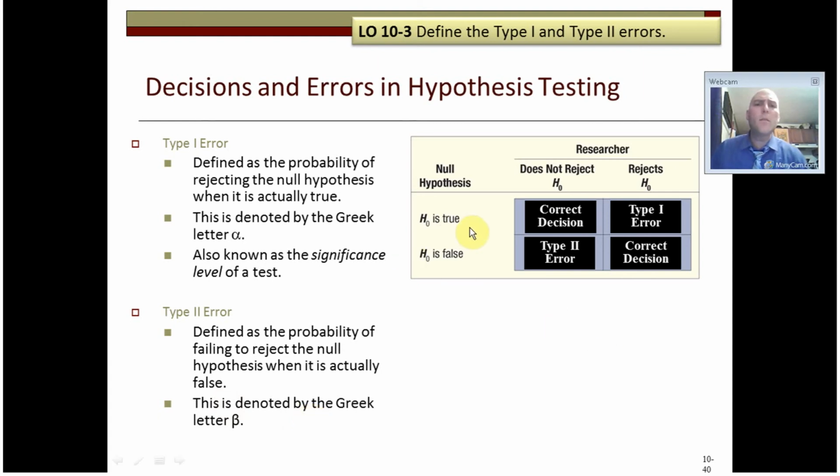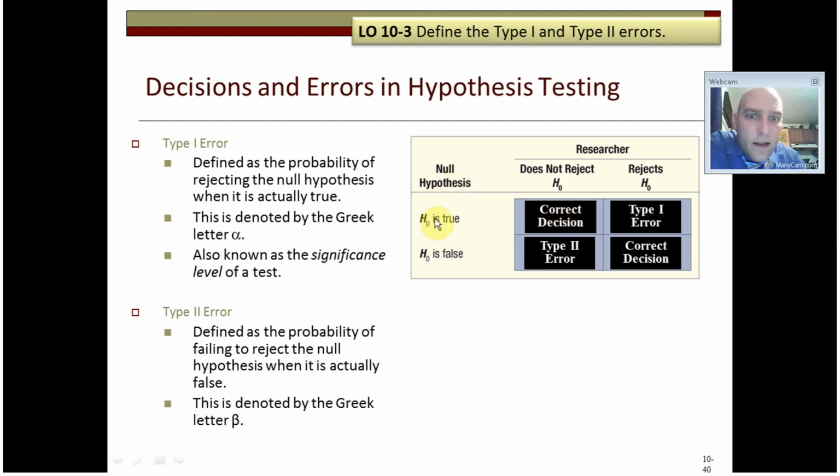So let's start by saying that in reality, H naught can be true or H naught can be false. If the null hypothesis is in fact true, so this is reality, let's say we've got some true access to reality and we know whether or not it's actually true, and we fail to reject that true hypothesis, we have made a correct decision.